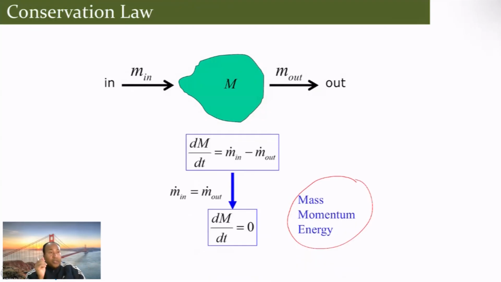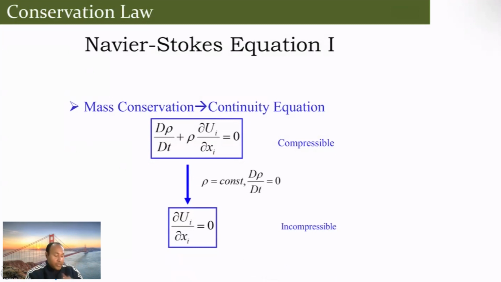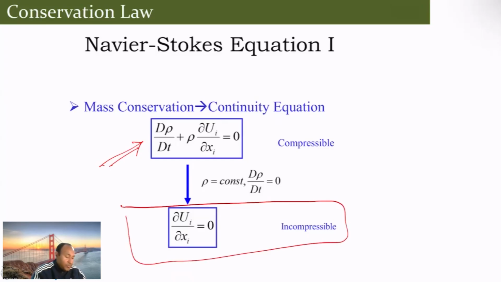The continuity equation is the mass conservation equation. This is the complete continuity equation, but this is the simplification for incompressible flow. For the wind turbine, mostly we will be dealing with an incompressible situation, so the simplified continuity equation would be good enough to use.